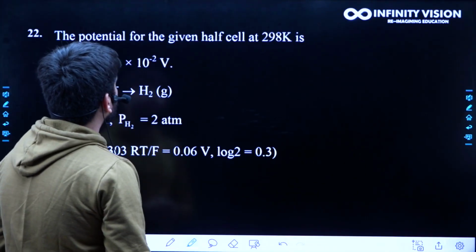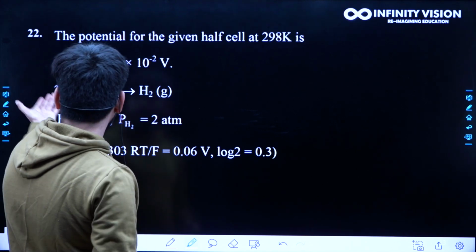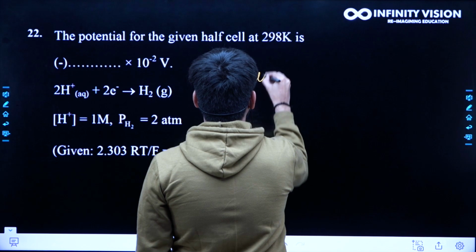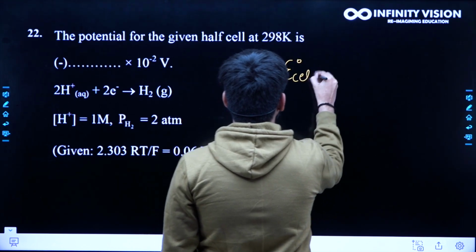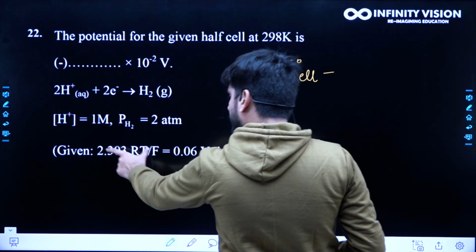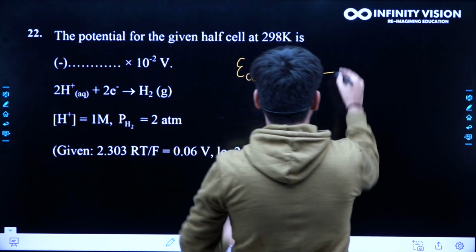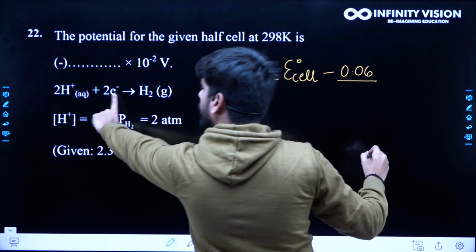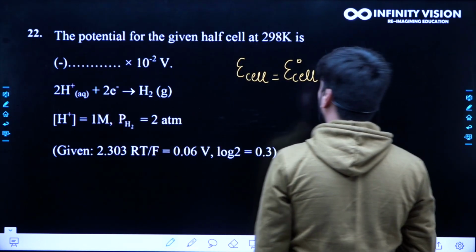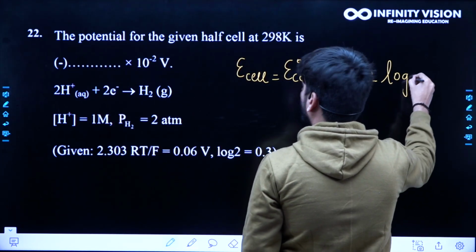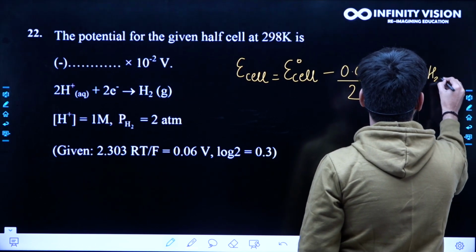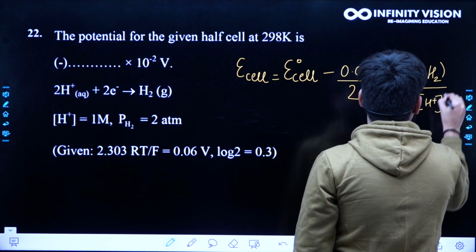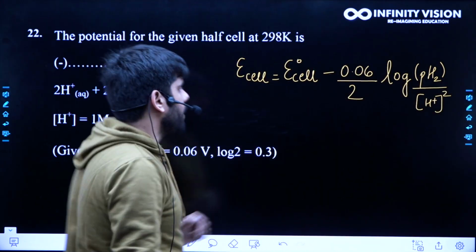All right. Let us move to the next question. The potential for the given half cell at 298 Kelvin is, this is the half cell given. According to the Nernst equation, we know that E cell is equal to E naught cell minus, since they have given this at 298 Kelvin, we can write 0.06 upon n. The n involved is 2, the number of electrons involved, and log of pressure of H2 divided by concentration of H plus raised to its stoichiometric coefficient.